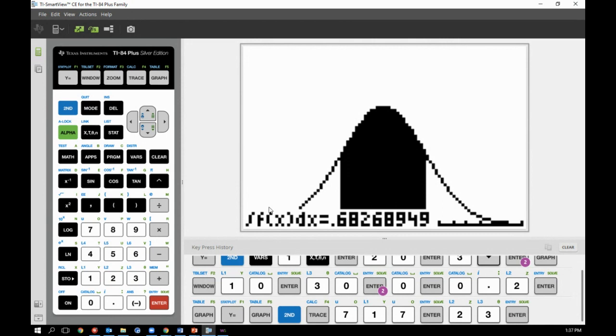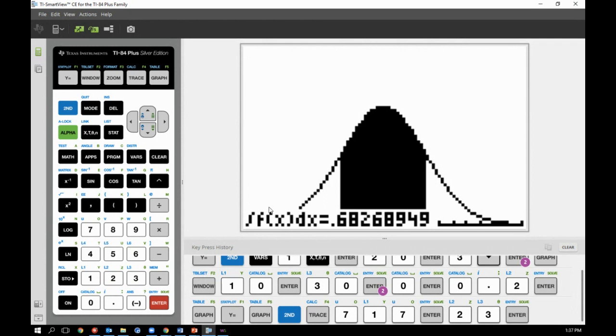So that's the area under the curve. 0.6827. Okay, so that's how you do it on the TI-84. So if you understand how to do it, I want y'all to fill in the next 5 blanks.